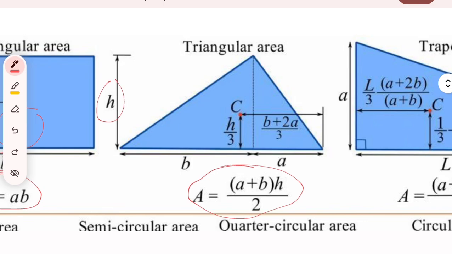If that is the centroid, then this distance is b plus 2a over 3, right? So we have 2 times the a divided by 3, or simply h over 3. The height divided by 3 would be the location of the centroid of a triangular shape.